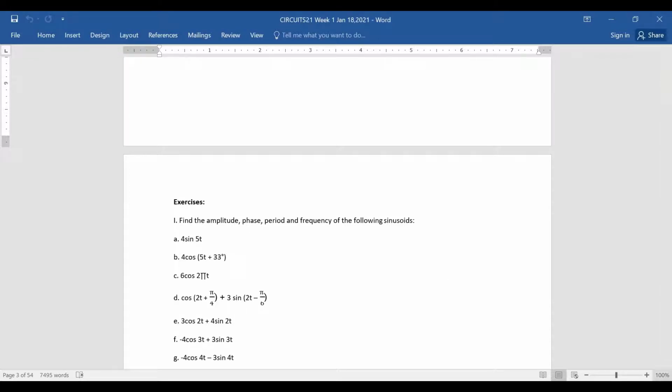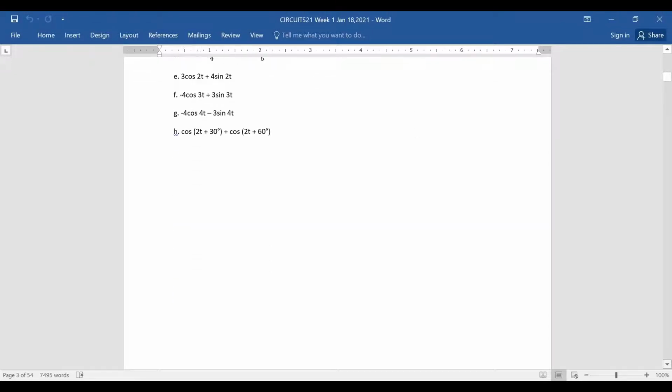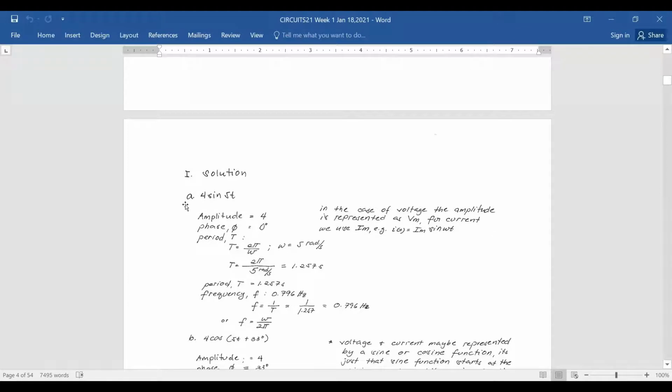Actually, we have the solution here for our 4 sine 5t. It is mentioned here that the amplitude is 4, the coefficient of sine 5t. The phase angle is 0, since there's no given angle, so our phi is 0.